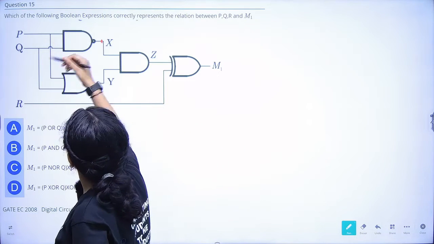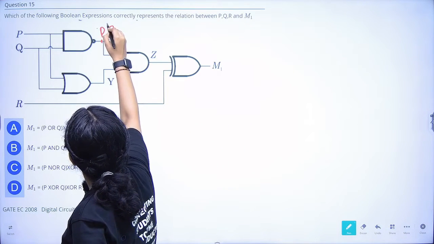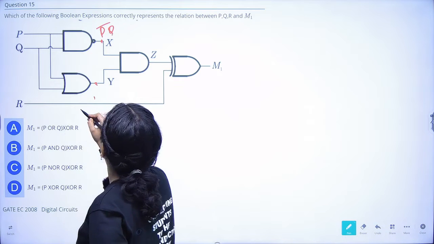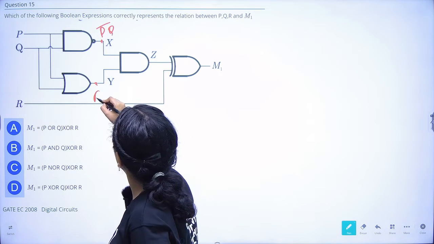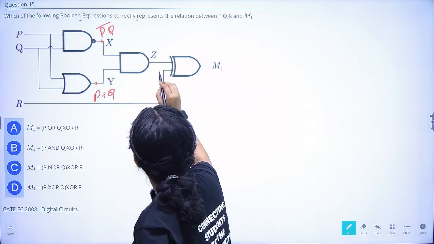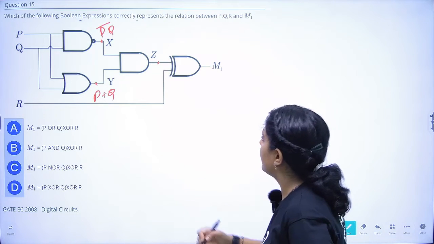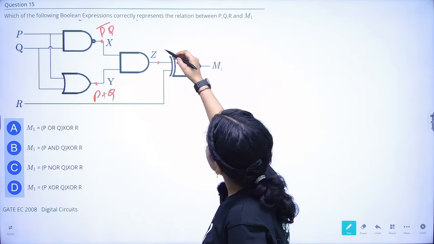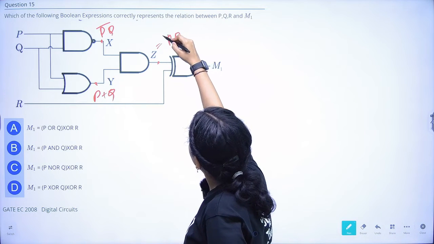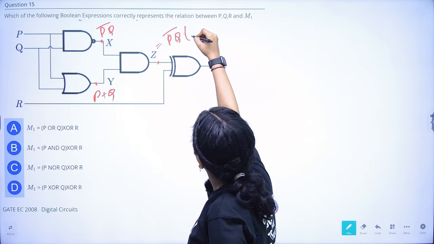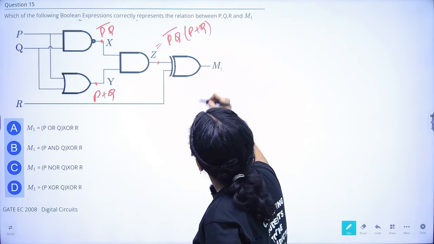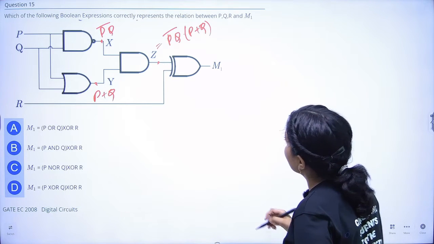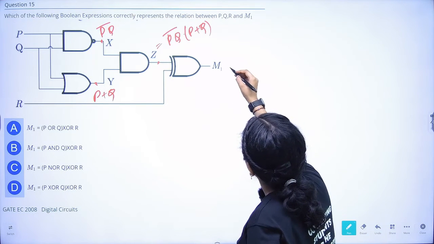So PQ bar, this is P plus Q, this is the multiplication of these two, and finally this is XORing. So Z is PQ bar plus P plus Q, and this is finally XOR with R.